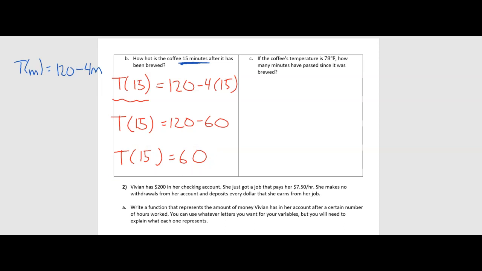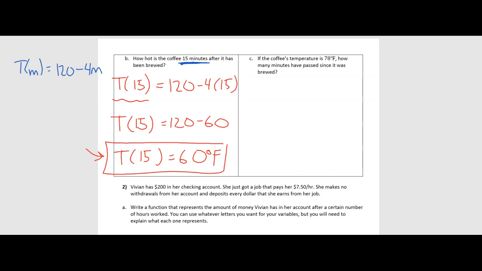And to be fair, we should include units with our final answer. We need to know how to explain what this means, right? This is letters and numbers and symbols. Well, we should be able to explain or write down in a complete sentence what I just boxed, what that represents. So think about it for 30 seconds.